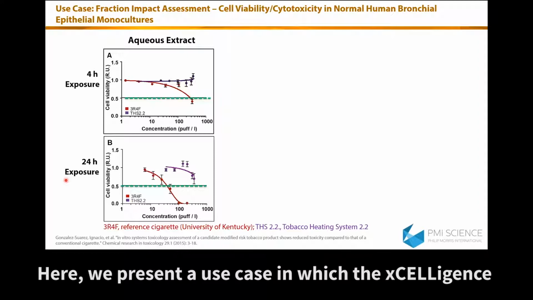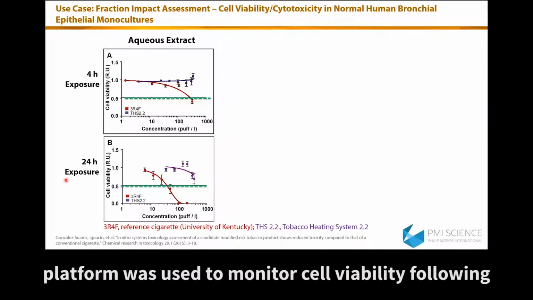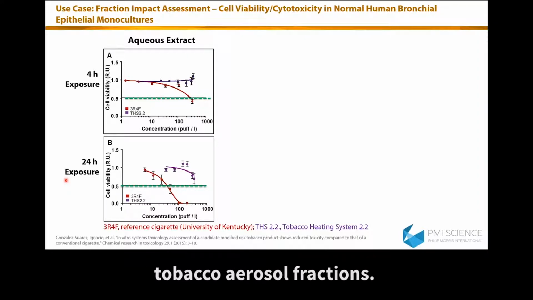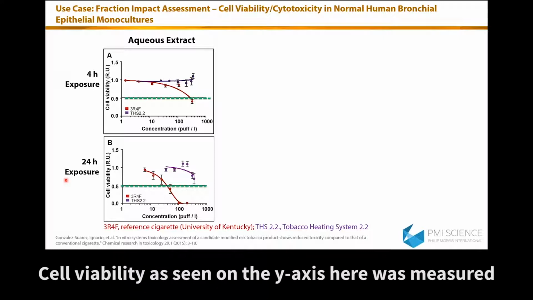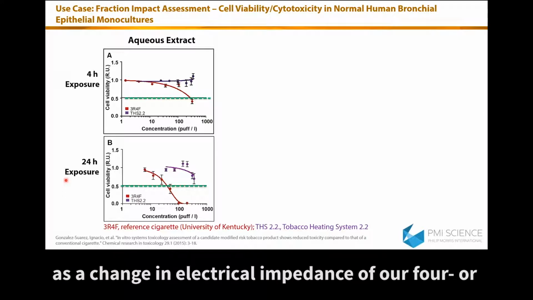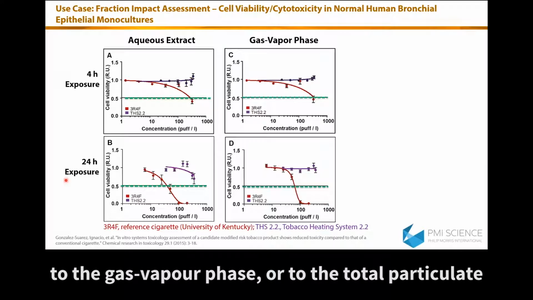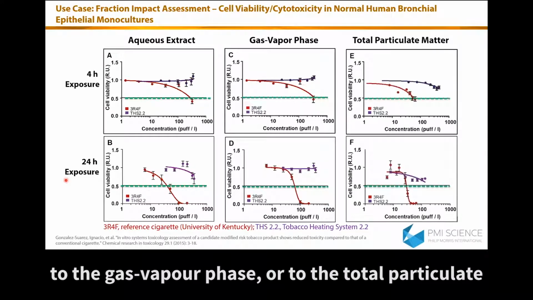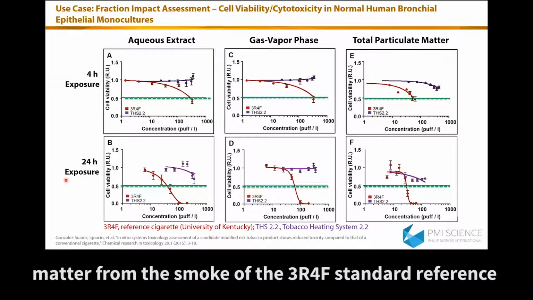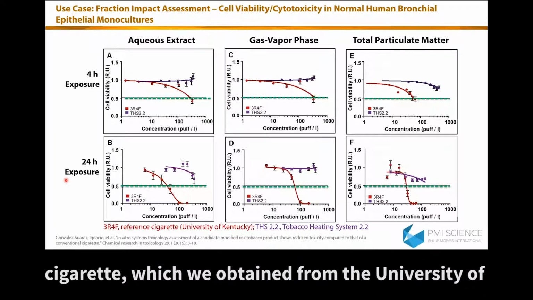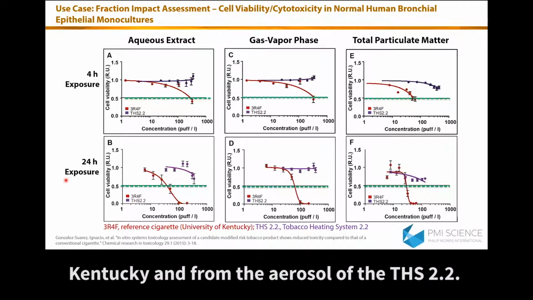Here we present a use case in which the Inhalation platform is used to monitor cell viability following treatment with different cigarette smoke and heated tobacco aerosol fractions. Cell viability, seen on the y-axis here, was measured as a change in electrical impedance over a 4 or 24-hour exposure to the aqueous extract, to the gas vapor phase, or to total particulate matter from the smoke of 3R4F standard reference cigarettes, which we obtained from the University of Kentucky, and from the aerosol of the THS 2.2.